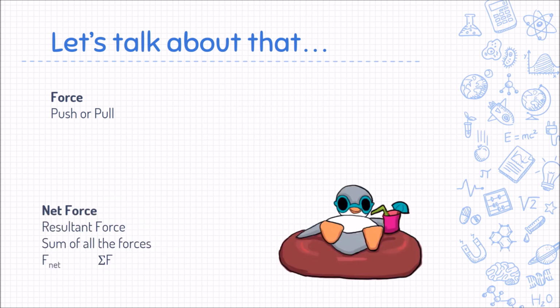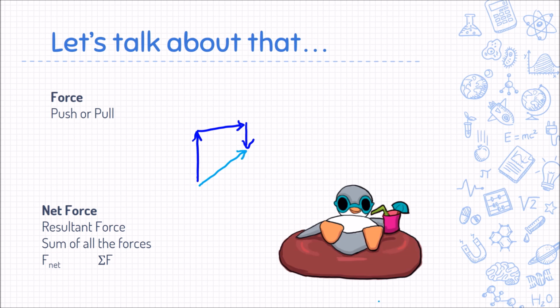So now let's talk about net force. Net force is the resultant force of all of the external forces acting on our system or on our observed object. And remember, resultant is when we take several vectors and add them head to tail. Our resultant is from start to finish.